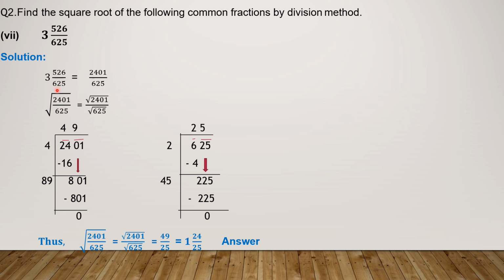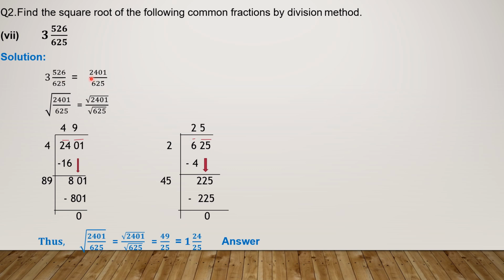How do we convert? Yes, we will multiply 625 with 3 and the product will be added to 526.